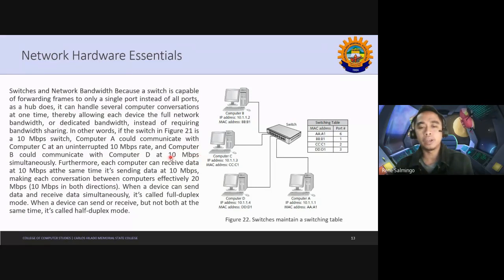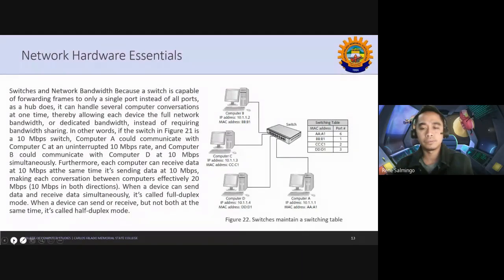So later, we'll try this in a switch. And furthermore, each computer can receive data at 10 megabit per second. At the same time, it can send data. And when a device can send data and receive data simultaneously, it's called full duplex.